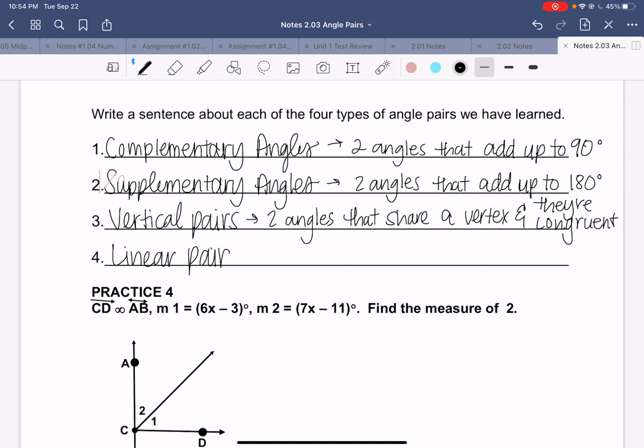And a linear pair are 2 adjacent angles that are supplementary. Okay, so give yourself time to write these down.